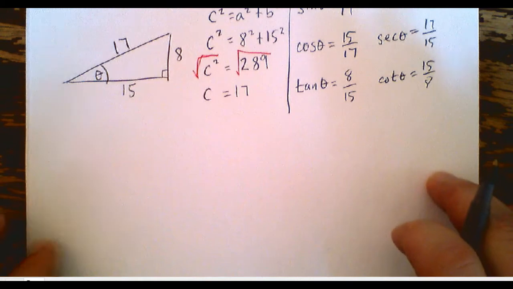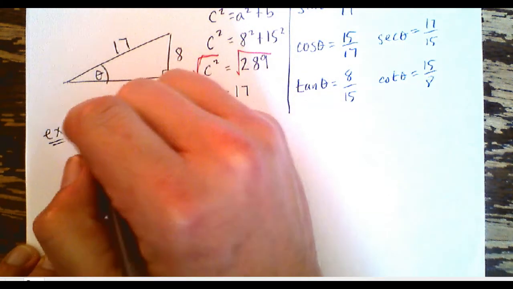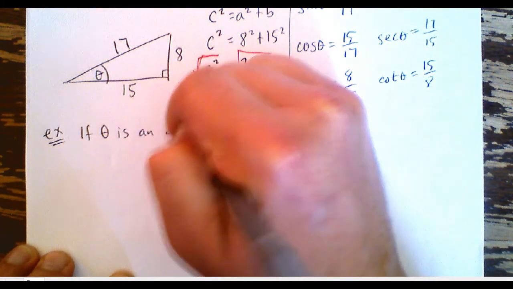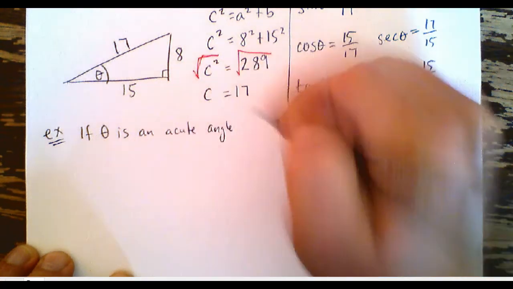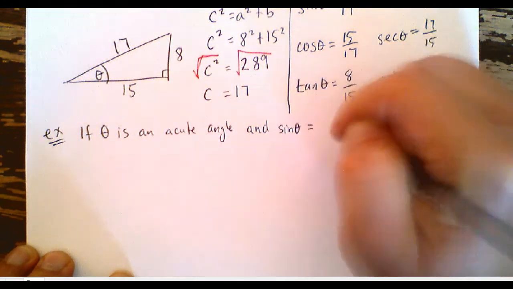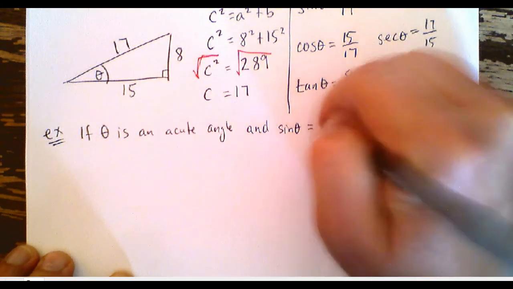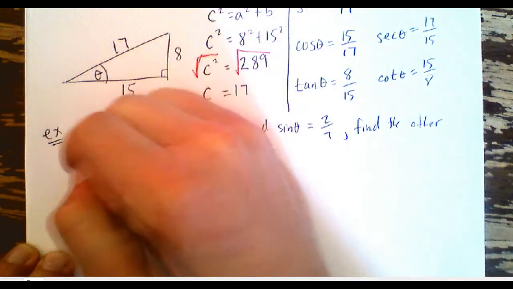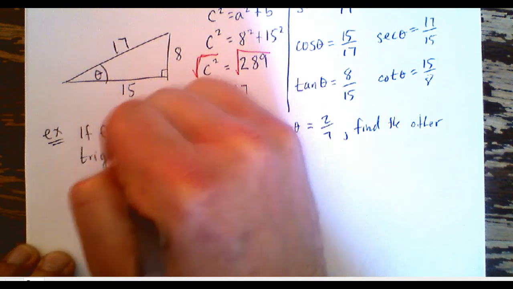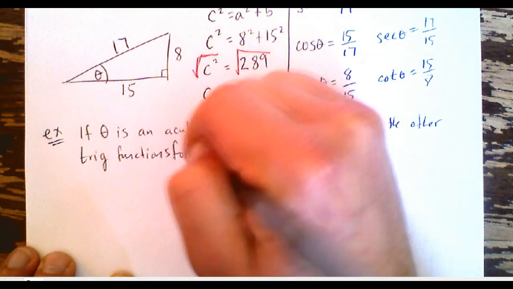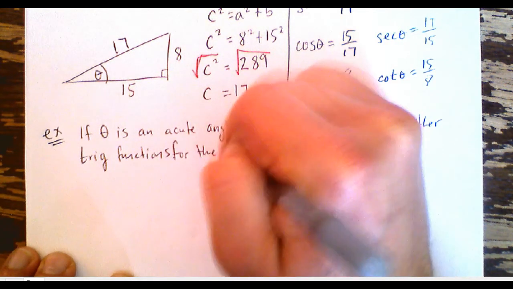Let's try another example. What happens if we're not given the triangle? So if theta is an acute angle and sine of theta is 2 over 7, find the other trig functions for the angle theta.